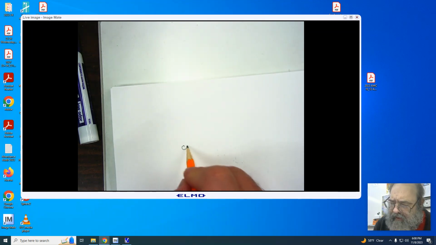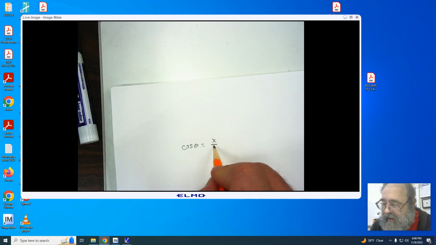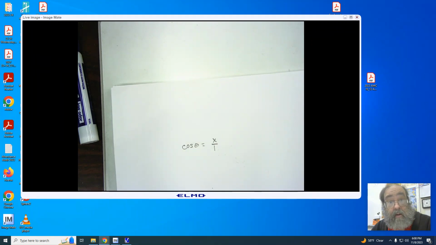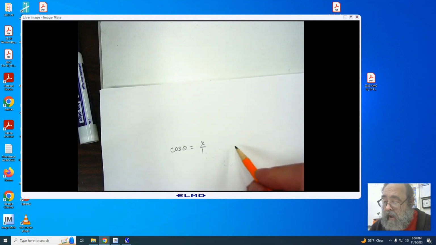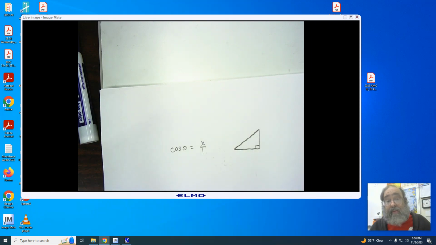Let's say for a moment that I have the cosine of theta is simply the ratio x. I'm going to make sure that I call it x divided by 1 so that I can see a numerator and a denominator. Since this is positive, I'm going to just make it in the first quadrant. Now, if they tell me it's in a different quadrant, I'll put it there. But they didn't tell me where, so I get to choose.